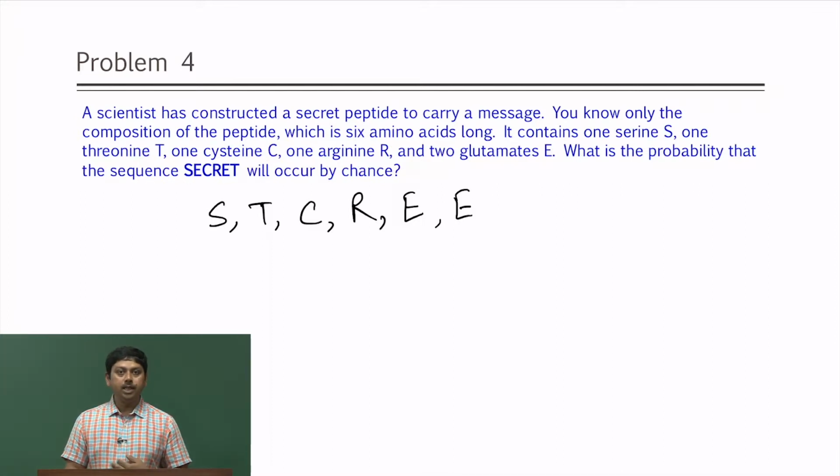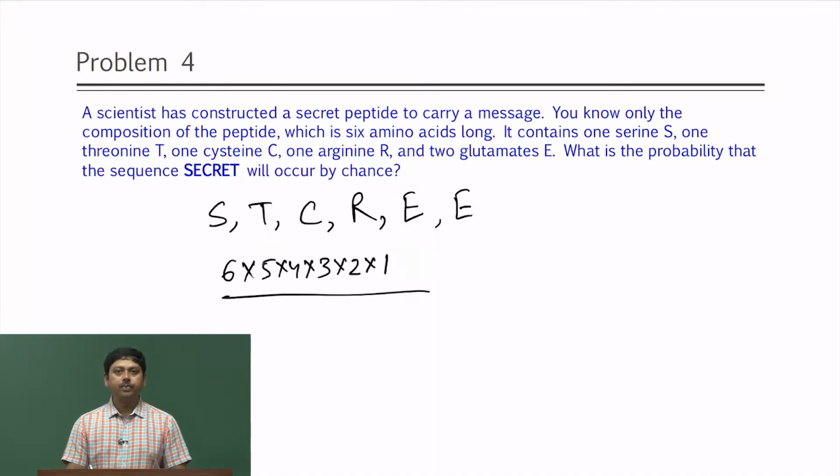So, now we have to see how many possible words one can make with that. The number of possible words is that we can take any of the 6 letters and put it in the first place of the word, and then any of the second letter, there will be 5 letters left, then 4 letters left, 3, 2, 1 letter left. However, you have to know that there are 2 E's. So, interchanging those 2 E's will actually give the same word.